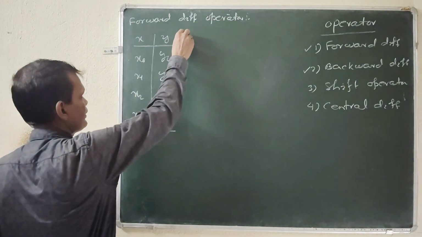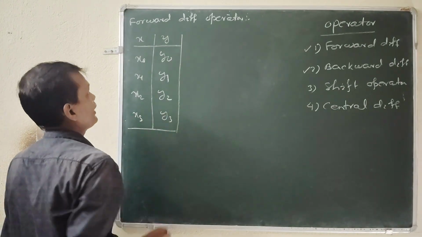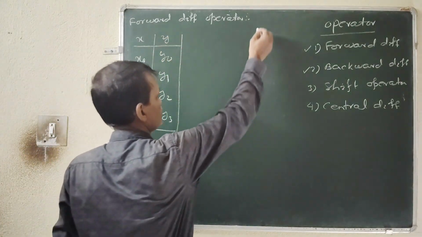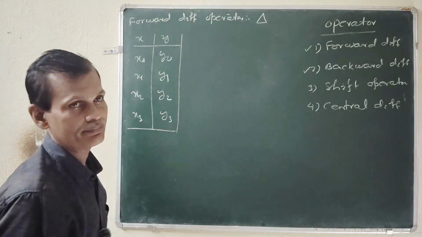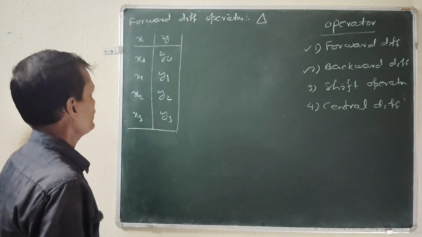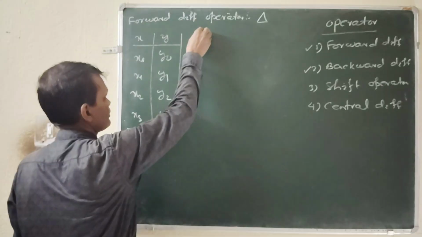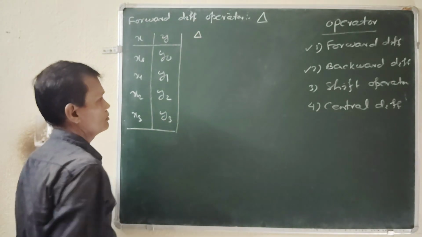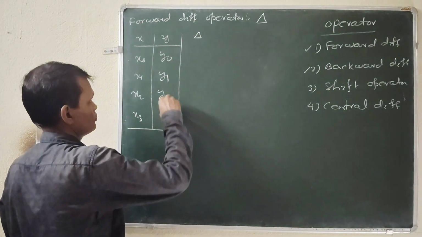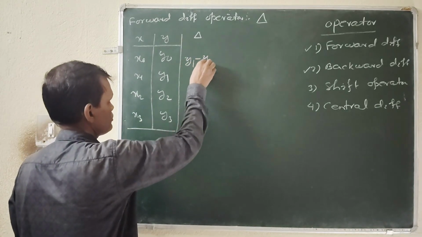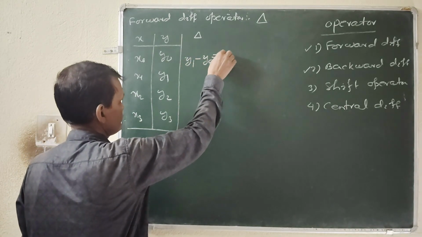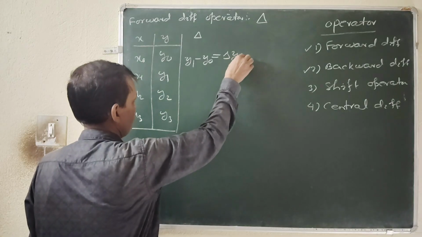Then how do we define the forward difference operator? This is the notation for the forward difference operator, the triangle sign, delta. It is defined as y1 minus y0 and denoted as delta y0.